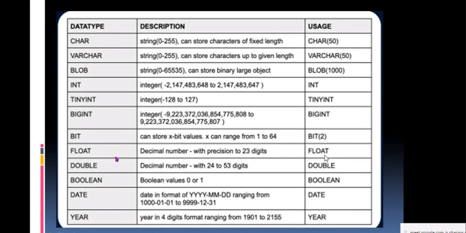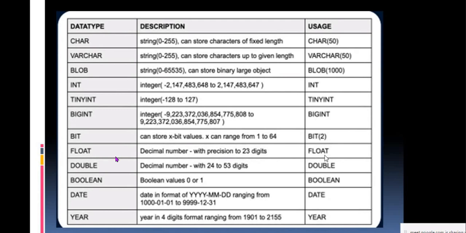If we want to use a decimal number, for example 12.5, we are using float. Double, decimal number with 24 to 53 digits. If you want to use big decimal numbers, we are using double. Boolean values 0 or 1. In this we are using true or false, so we are using Boolean.